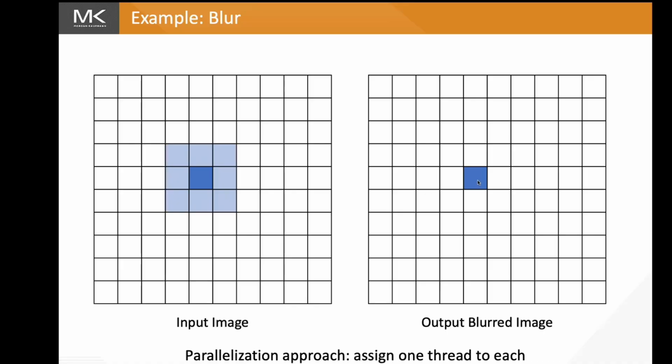So basically each thread needs to read multiple input pixels from the input image and then computes the average and then writes it into the output array. Quite a simple approach, but here we have multiple reads from the input image. So let's see how we can write this kernel here.